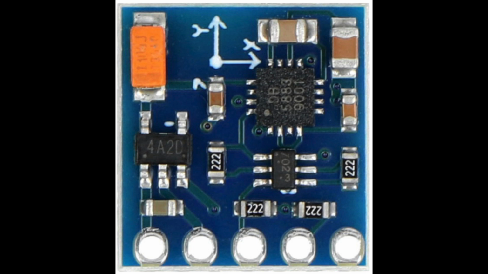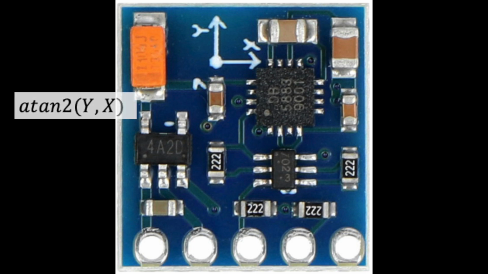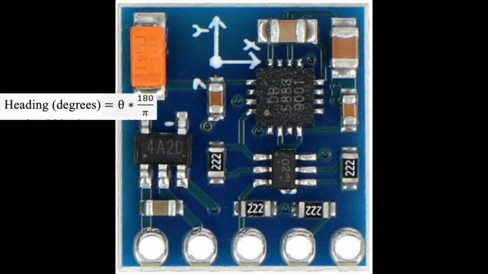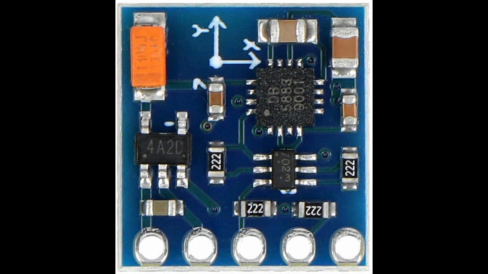The heading is determined as the angle theta between the sensor's x-axis and the magnetic north, calculated using the atan2(y, x) function, and this function handles the angle's quadrant correctly, ensuring the result falls between negative 180 degrees and 180 degrees. The angle is then converted from radians to degrees using the formula heading degrees equals theta times 180 over pi. To standardize the result within the range 0 to 360, negative angles are normalized by adding 360 degrees.